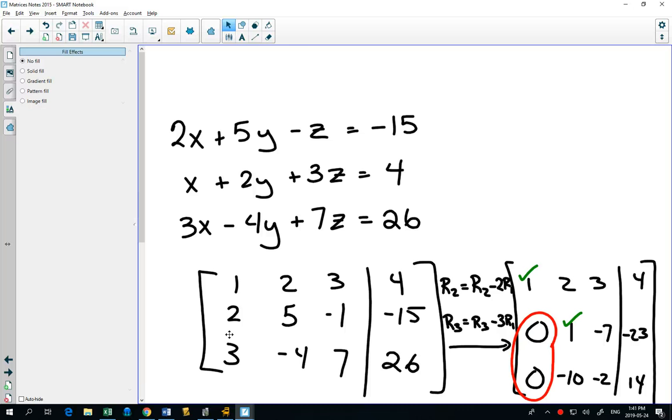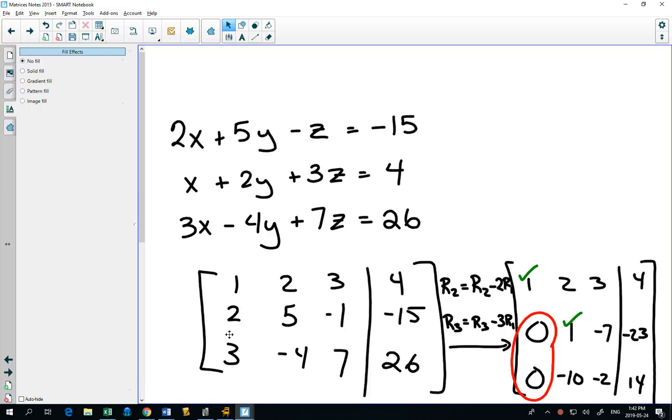One of the best ways to practice these, it's not very hard to make your own equation. Pick a value for x, pick a value for y, pick a value for z. 1, 2, 3. Then randomly put things in front and actually figure out what the answers would be.